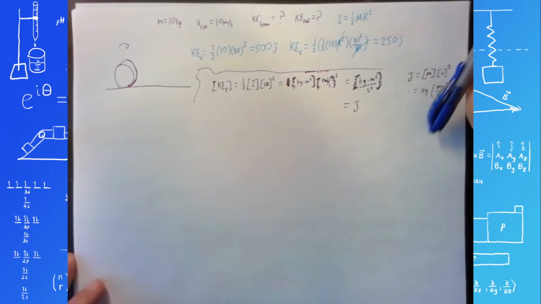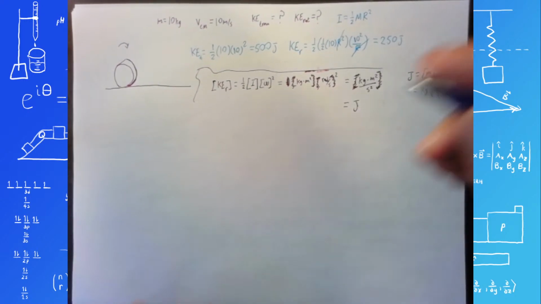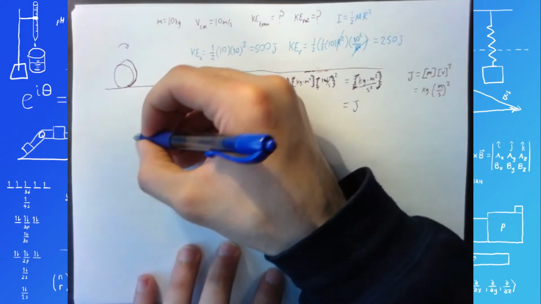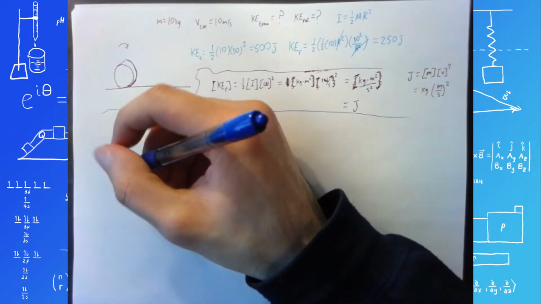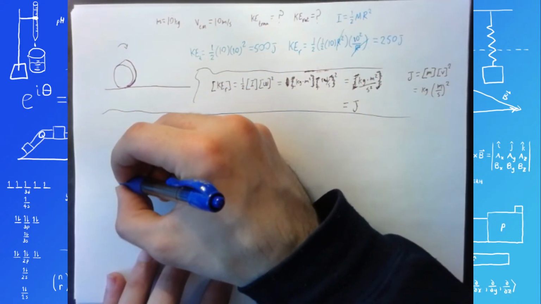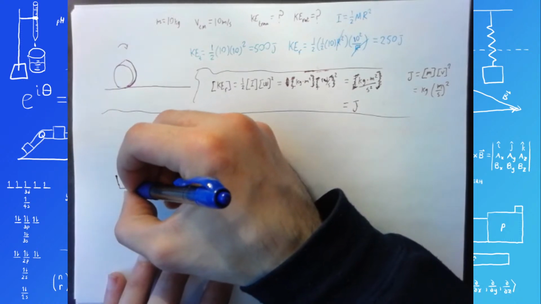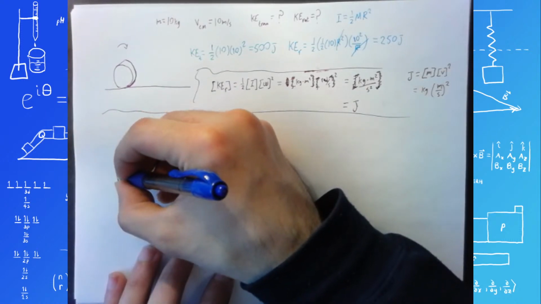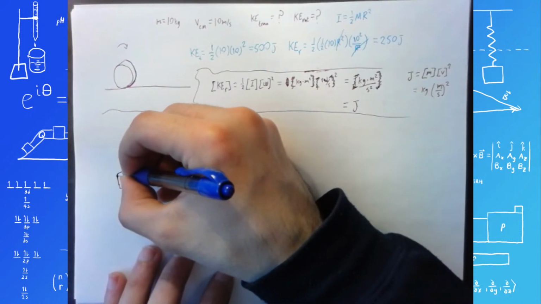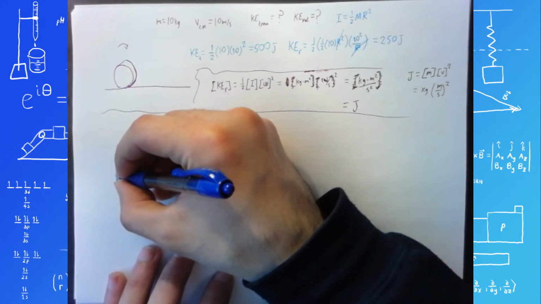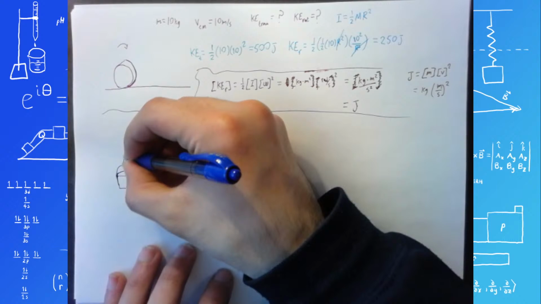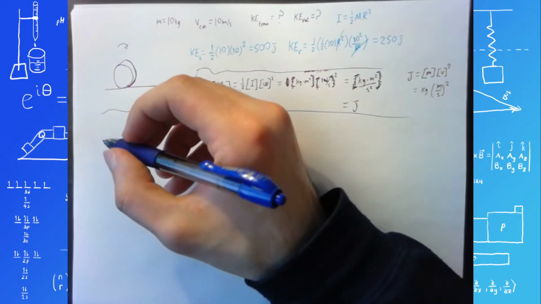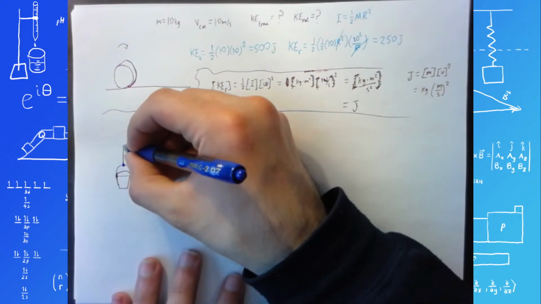So what they have is a bucket. I guess here's its handle, and it is tied to a string, rope, cord, whatever you want to call it.